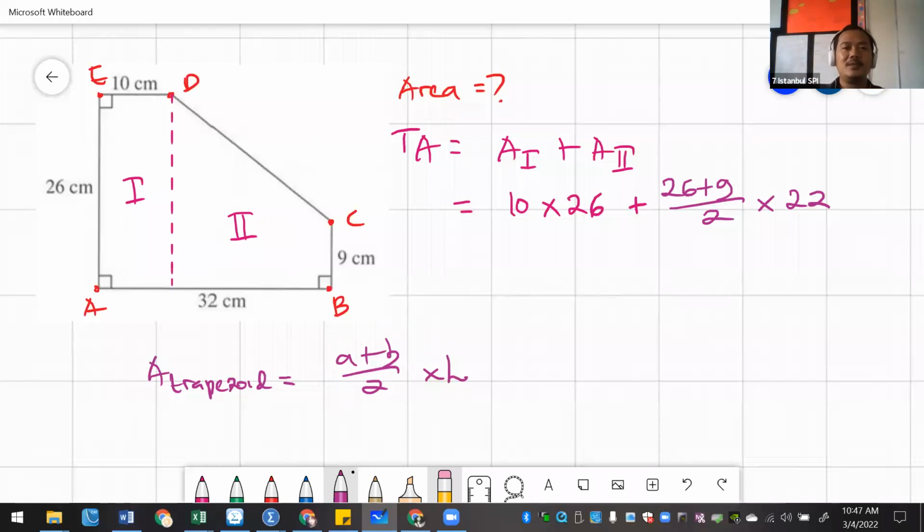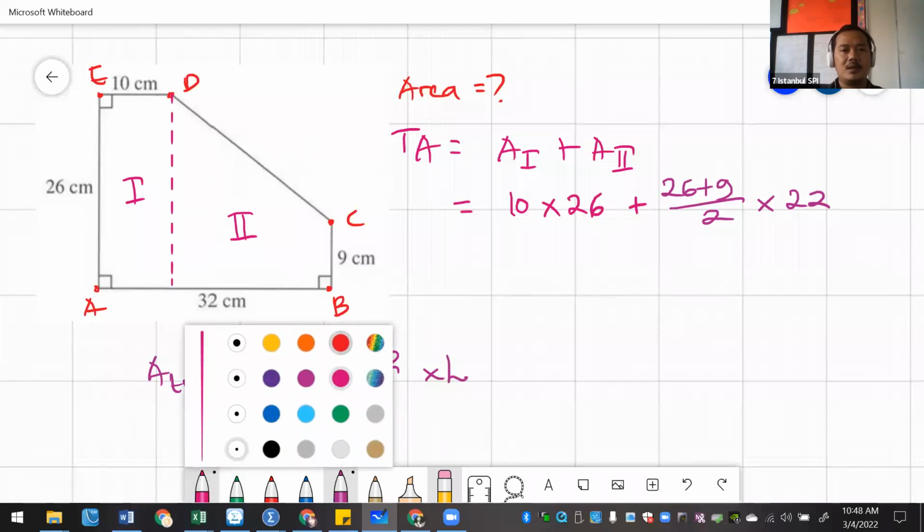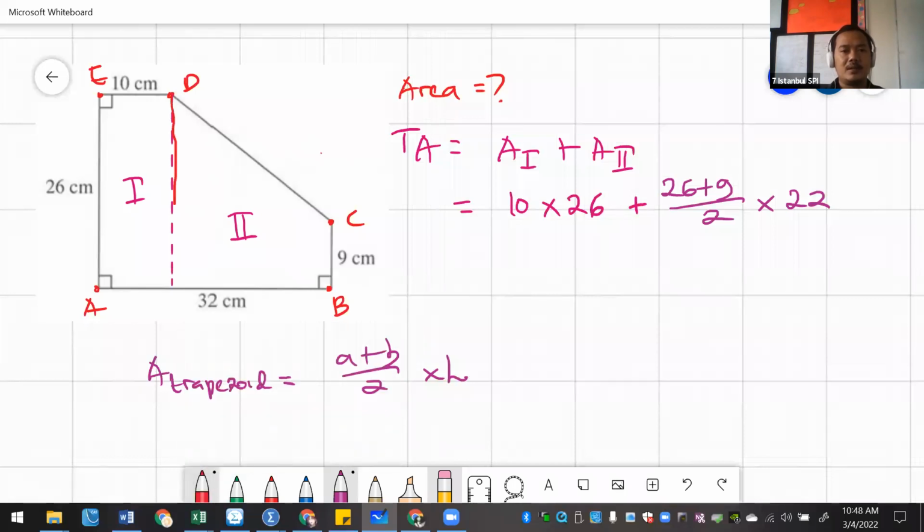So if I make this into a trapezoid, let's assume that these two lines are parallel. So this is going to be A.